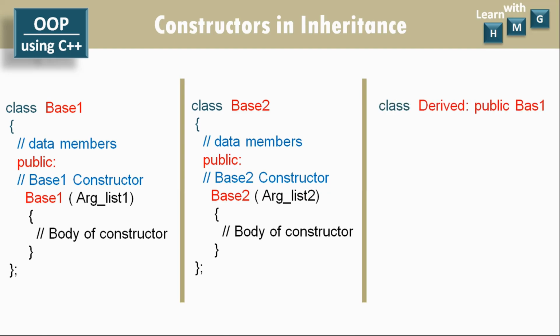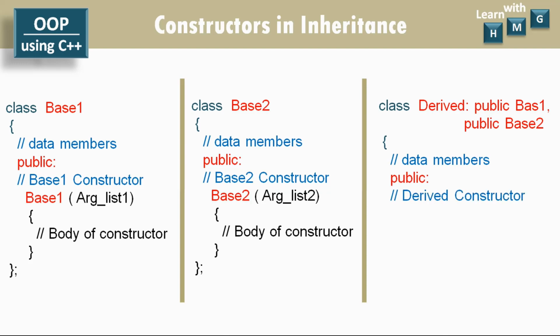In the derived class, suppose the derived class is derived from base 1 and base 2. It is a type of multiple inheritance. The derived class also has its own data members separately, and in the public section there will be the derived constructor. Now this derived constructor is not the simple constructor which we defined in the base classes.